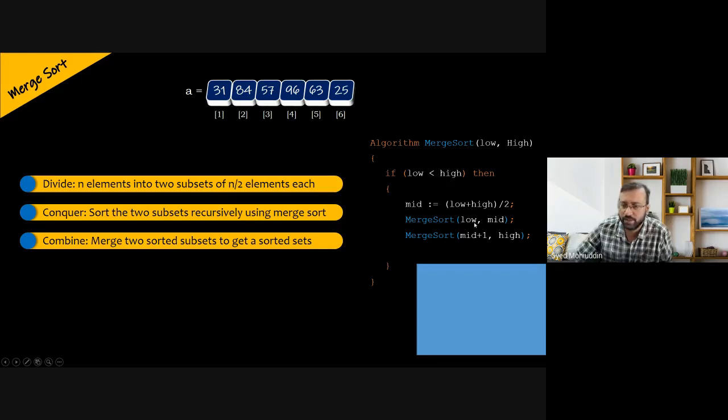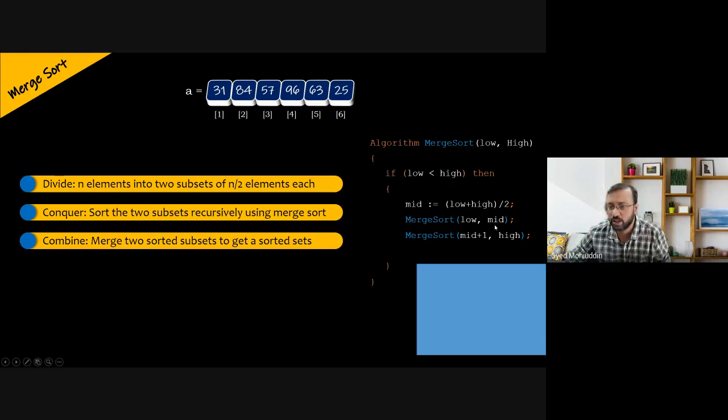In binary search, we used mid minus 1 and mid plus 1. Here we cannot use mid minus 1. If you use mid minus 1, that mid element will be left out and will not be sorted. That is why, since the problem has to be divided into equal subproblems.